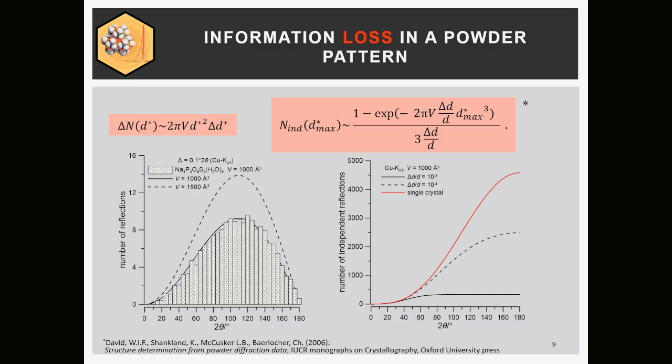And now we look actually at the number of peaks per unit, and we decided to have a unit, a slice, of 0.1 degree 2 theta for copper K alpha radiation. And now we look at how many peaks are actually in this slice of 0.1 degrees.